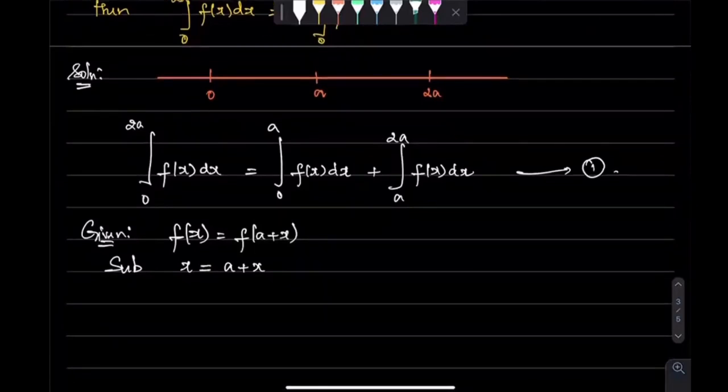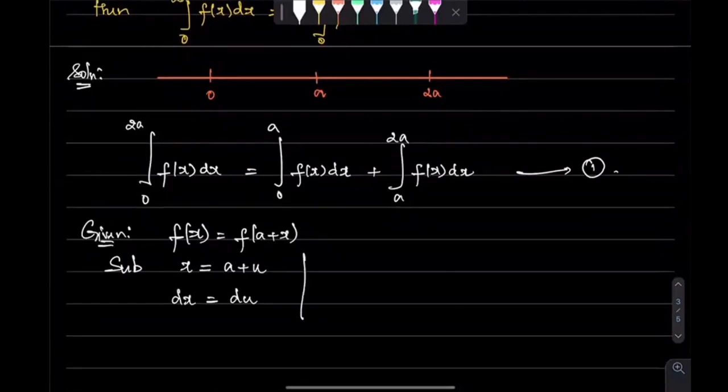So what happens if I do this? If I use a substitution, I have to change everything. So my dx will be in terms of u; I'll get dx as du.